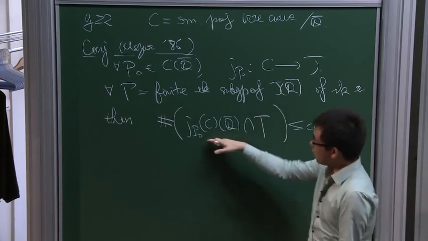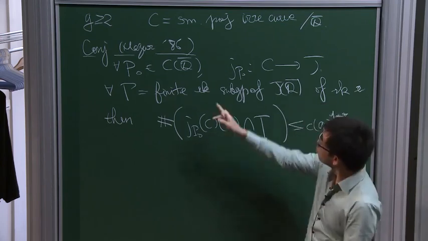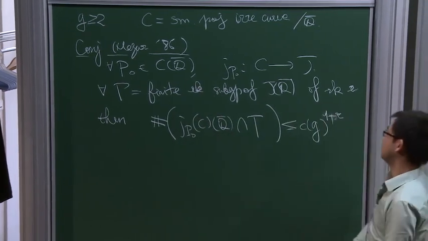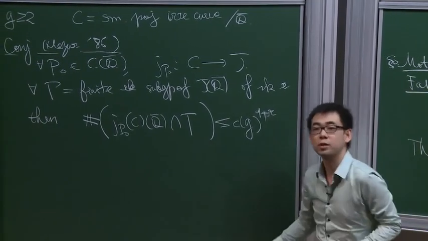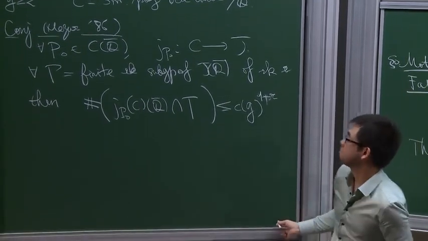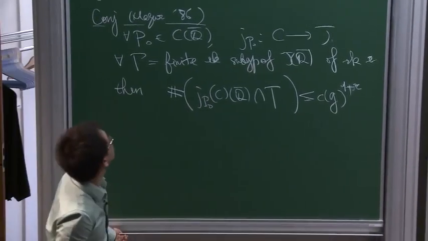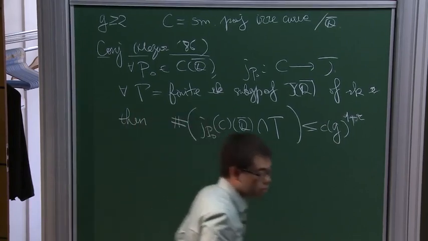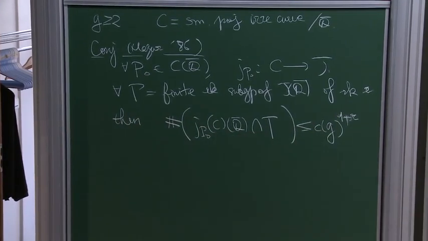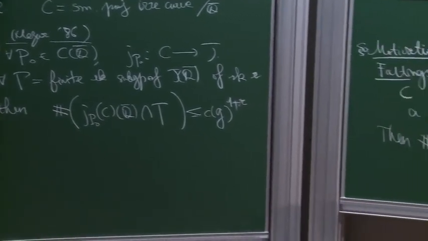So this bound does not depend on the choice of the point, first of all, and also it does not depend on the finite rank subgroup as long as the rank is fixed. This was the original conjecture made by Mazur. Afterwards, there was some simplified version.